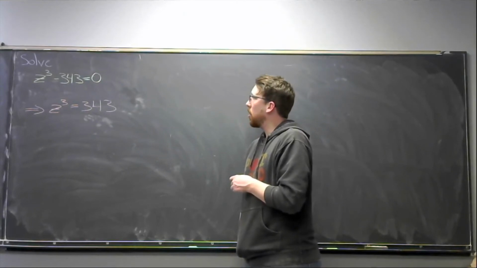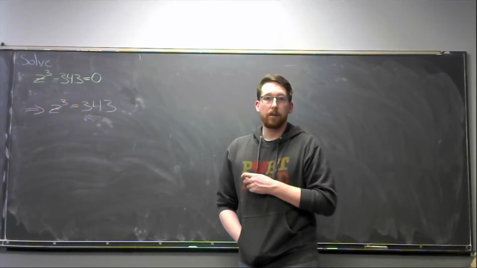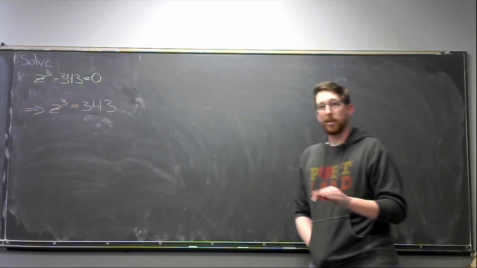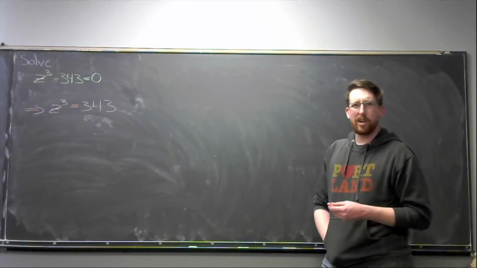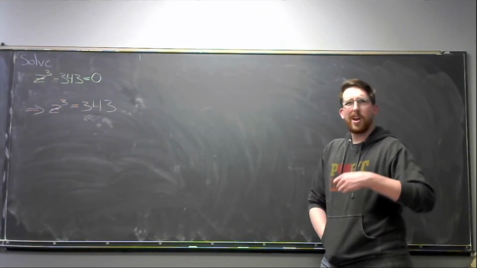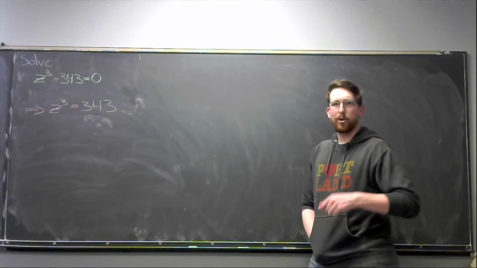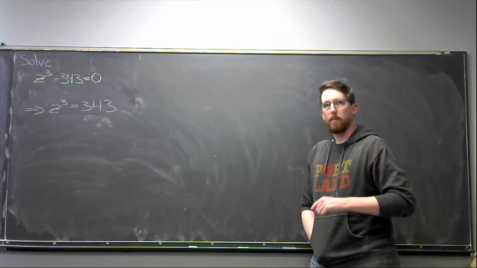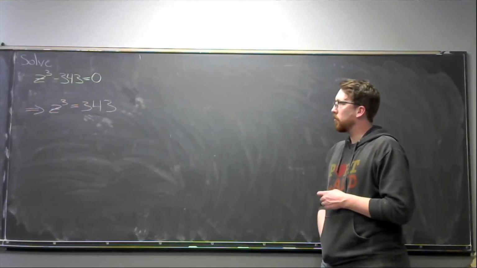So, looking at this, it might not be obvious how to handle this right away. After all, we have to put this into trigonometric form, right? We have to get our complex number into trigonometric form before we can apply that nth root formula.